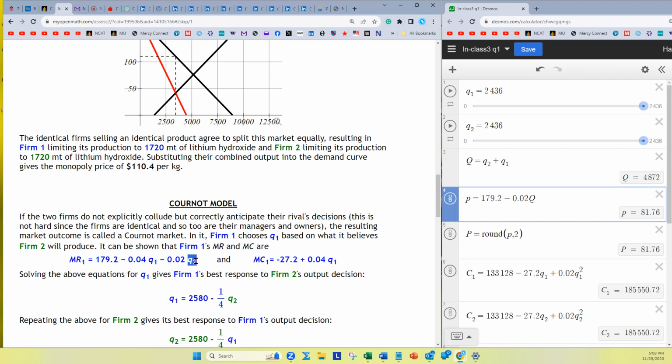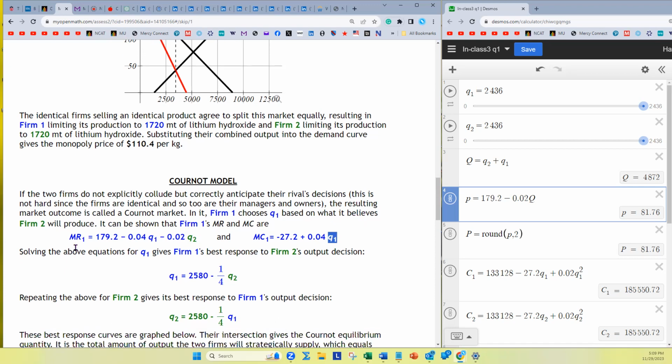So firm one has taken this as a given, and based on this being some number that it believes will be the outcome of firm two, firm one will then make this choice. So when you solve these two equations and you simplify and you solve for Q1, because firm one is choosing quantity one, when you solve those two equations for Q1 simultaneously, this is what you get.